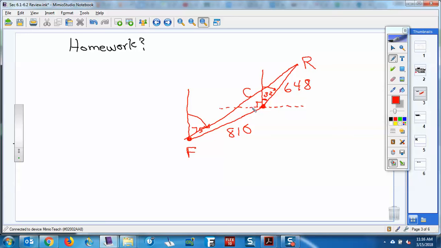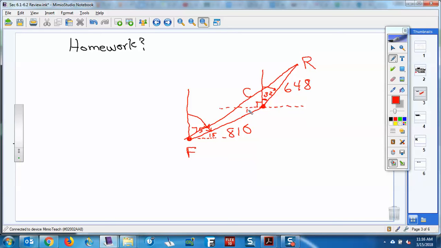Because if we come down here like this, right? Now my arrow didn't quite go all the way. That right there. So if I got this and this right here, this is 75 down to there. That leaves me 15 right to there.